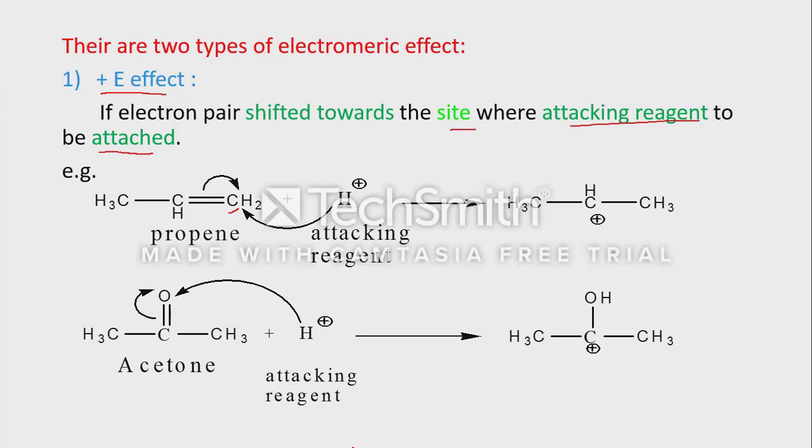Same with the second example, acetone, reacting with an attacking reagent. In that, the pair of electrons of this pi bond shifts onto oxygen, because oxygen is more electronegative than carbon, and the attacking reagent, hydrogen or proton, attaches on the oxygen.